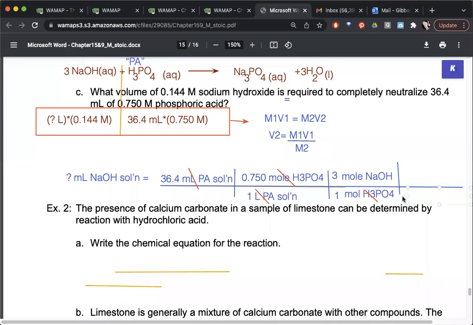So I'm going to break it out into moles and liters. This says 0.144 moles of NaOH, oh, I didn't get my decimal, is contained in 1 liter of solution. And that's the hydroxide solution, of course.